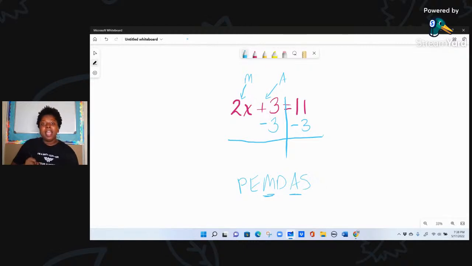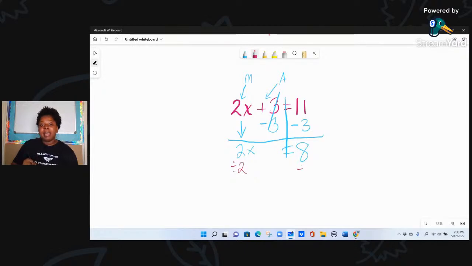So we have 2x. My 3's cancel out, and 11 minus 3 is 8. Let's keep going because I don't have x yet. I want that x by itself, and the 2 is getting in my way. This was multiplication, so the opposite, to get rid of that 2, is to divide.